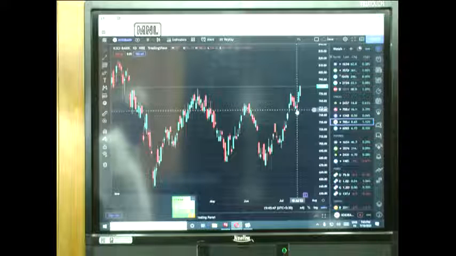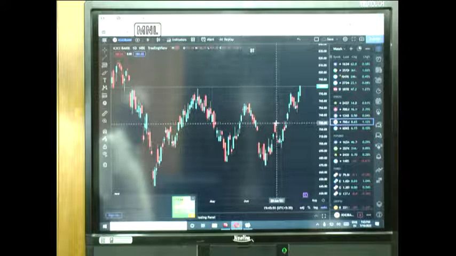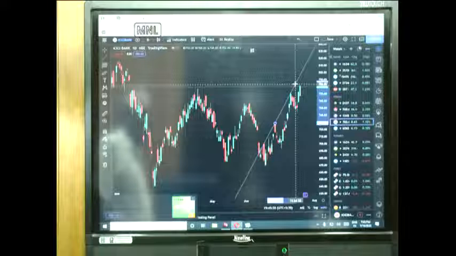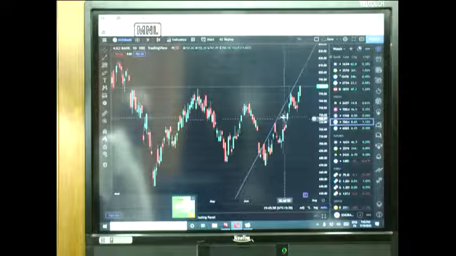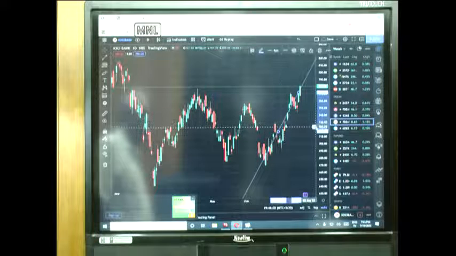Now after that, let's say we connect these two highs. That is too high, right? So now we anchor it to the next high. That has also been penetrated.